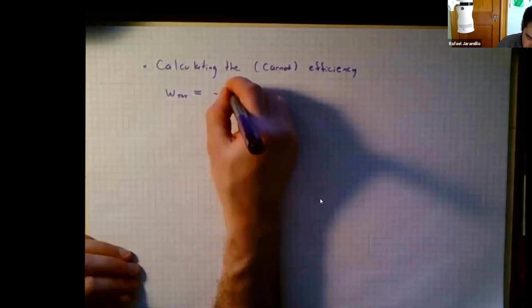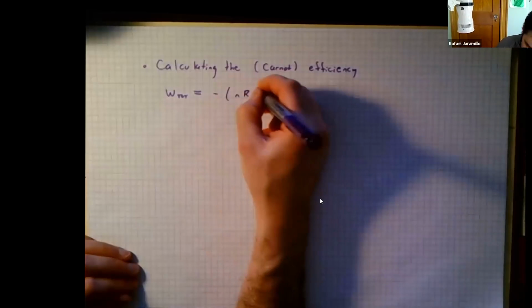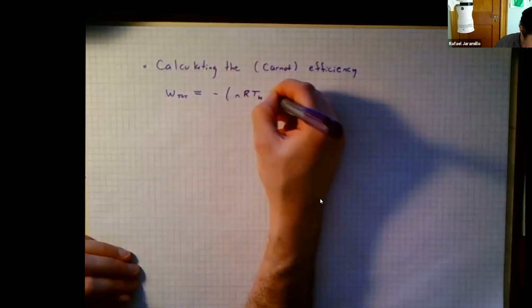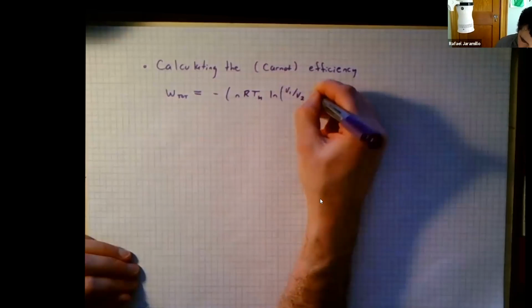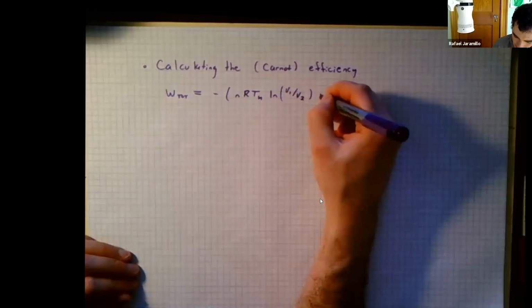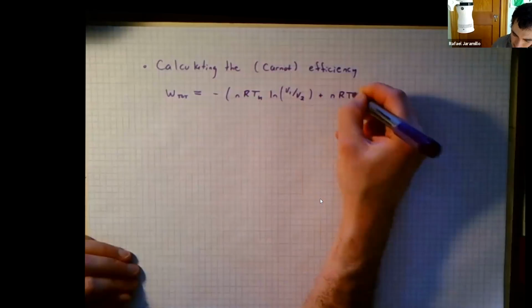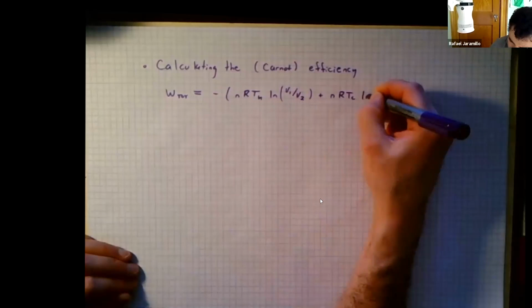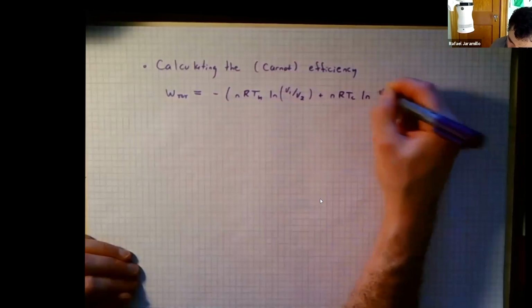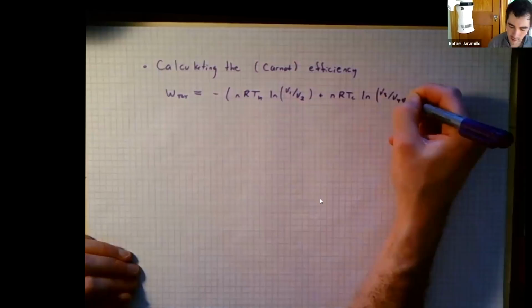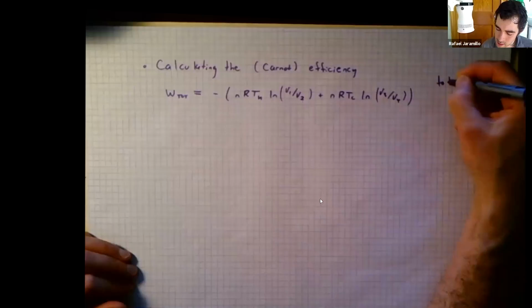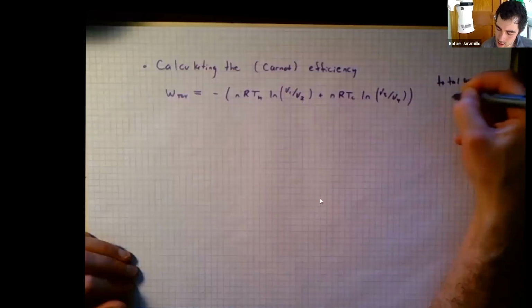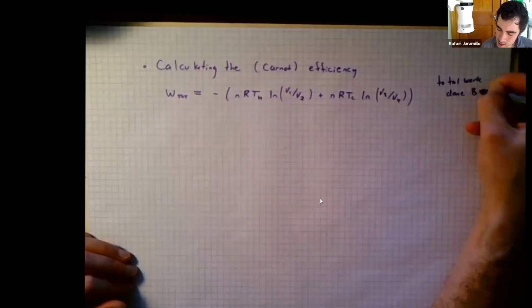It's going to be this minus nRT_H log V1 over V2 plus nRT of cold log V3 over V4. Okay, so that's the total work done by the engine.